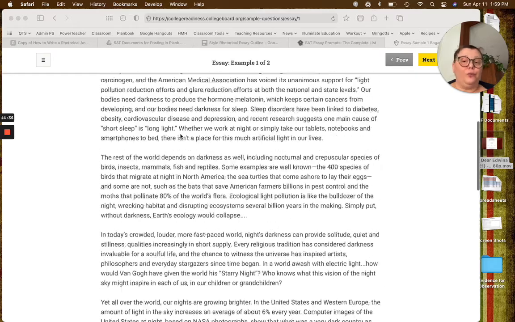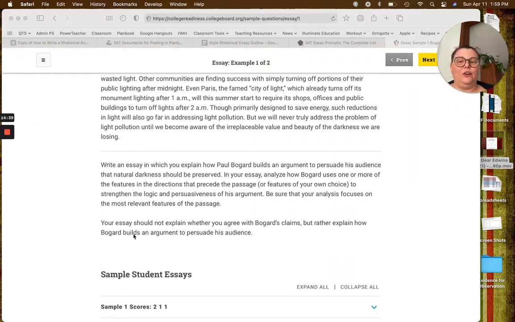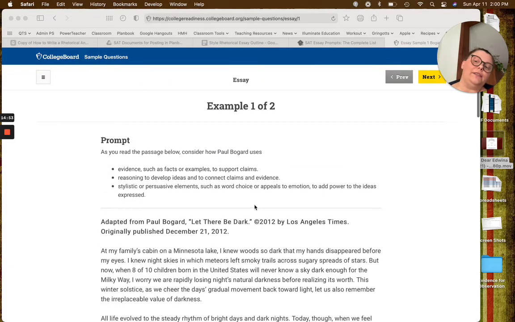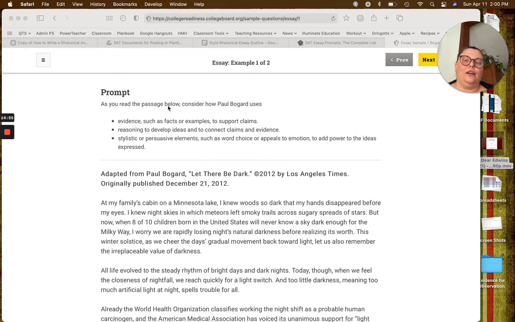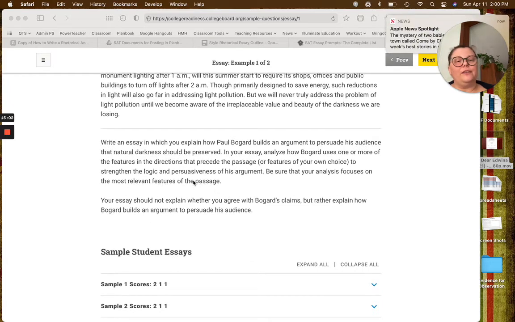Then you have to read and do a quick analysis, okay? And then you'll get the prompt. And here's where they tell you what the author's purpose was, what their argument was, all of those things. So you don't need to figure it out on your own. So when you're approaching these, go here, look at this, skip the essay first, and read the prompt, because that's going to tell you exactly what he's arguing in the essay.